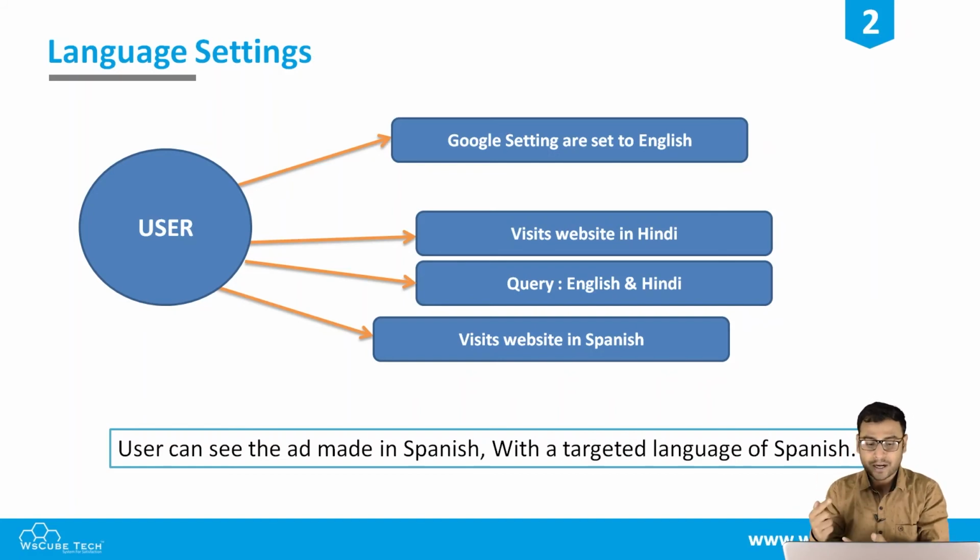Now, if there is any advertiser who has targeted Spanish and has also made an ad in Spanish, then there are chances, if everything else meets up, that this person, Mr. X, will see the ad, right? So this is how it actually works.